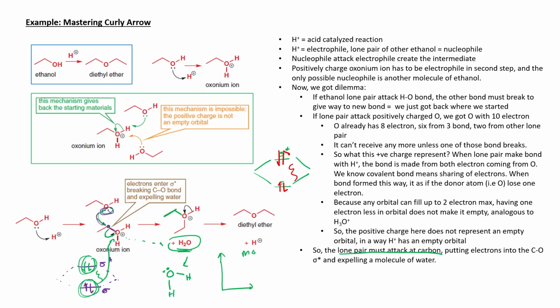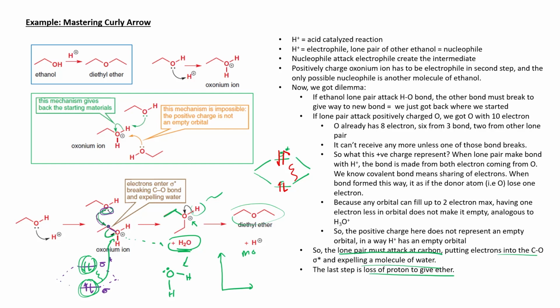Now when you make a bond, this becomes positively charged again. And what will happen next is that the last step is loss of a proton to give the ether. The proton here will be lost, because it is positively charged, and the proton will be lost. So you get this ether.